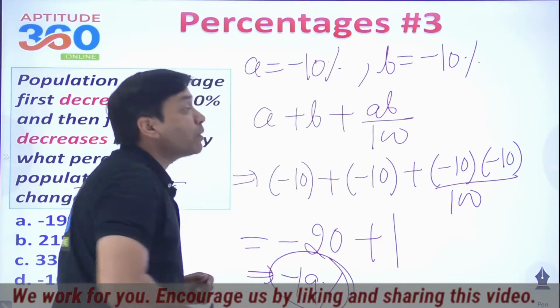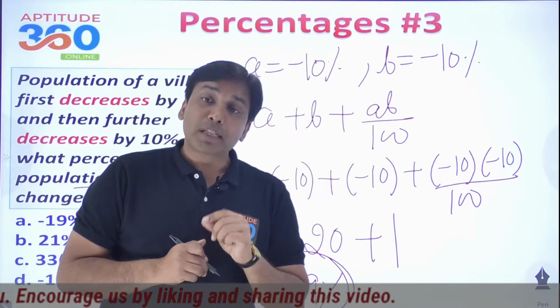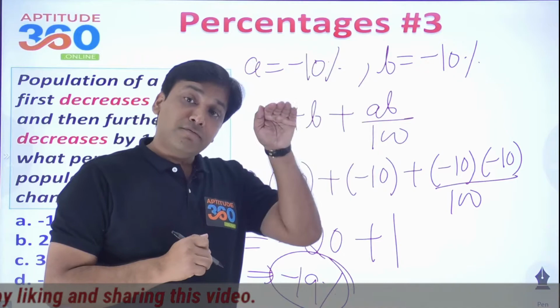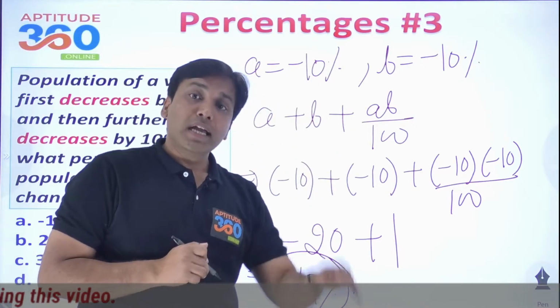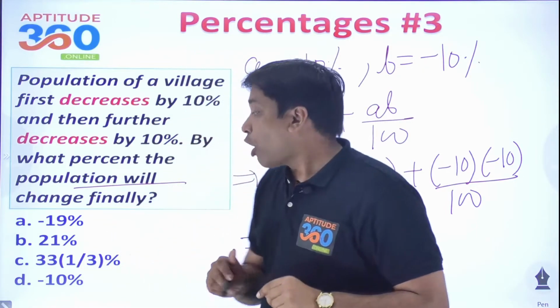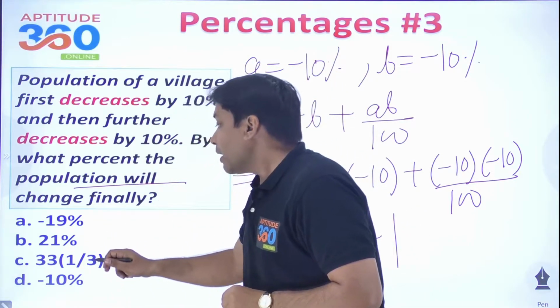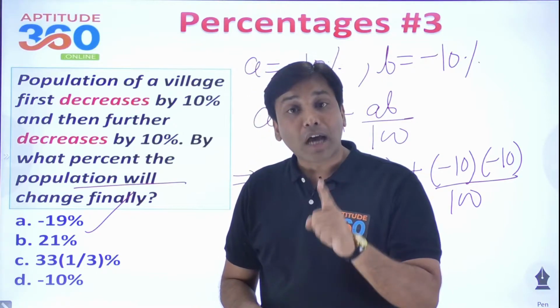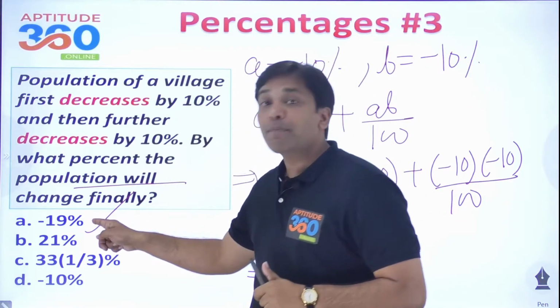Minus 19% का मतलब क्या हो गया? Negative sign indicates that this value is going down. It is decreasing. Does this make sense to you? So the population will not be decreasing by 21%, rather now it is going to decrease by 19%.